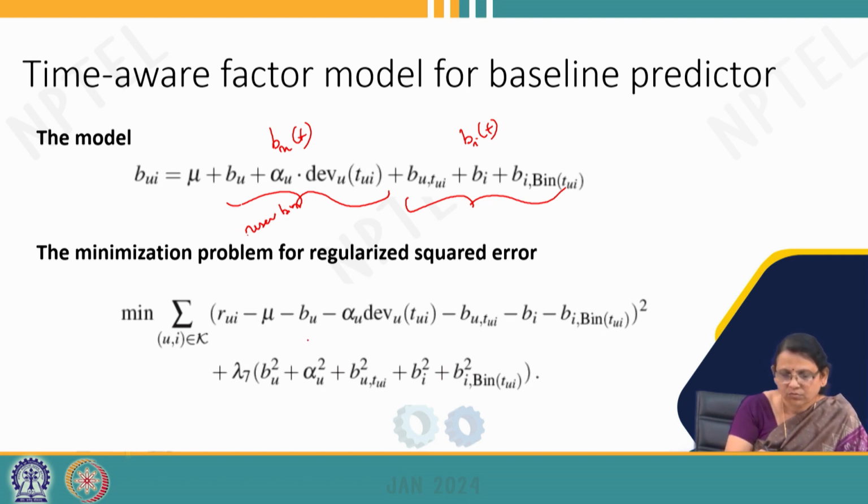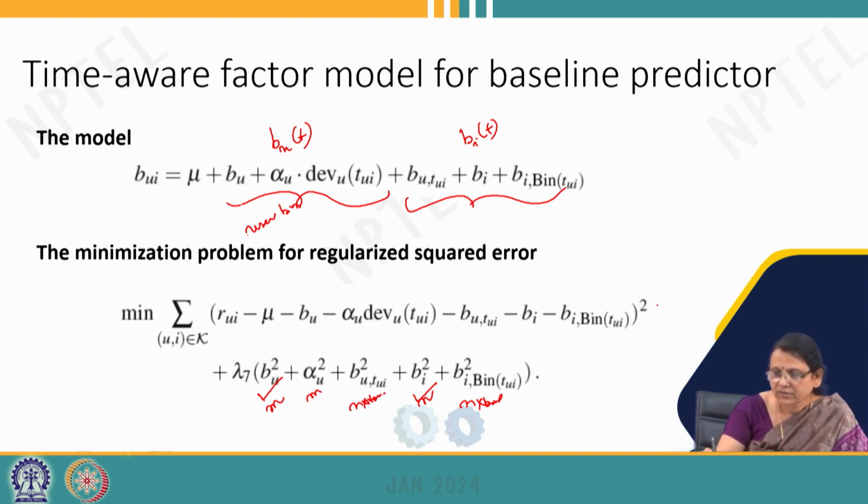Now, as usual we try minimizing the regularized error. How many parameters? All the BUs, all the BIs; this is M, this is N, this is M, this depends on N into the number of bins, N into the intervals that you have considered.